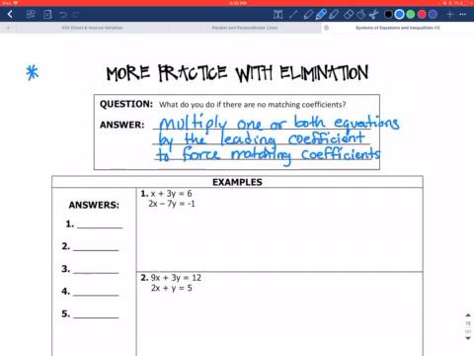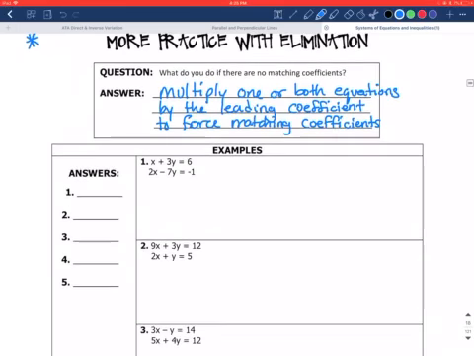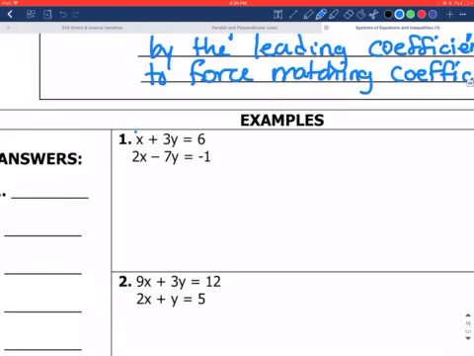So here's what we'll do. If you notice, for number 1, we do not have matching coefficients like we did before. So what we will do first is multiply the top by the bottom leading coefficient. That 2 right there is the leading coefficient of the bottom equation, so I'm going to multiply the top by 2.